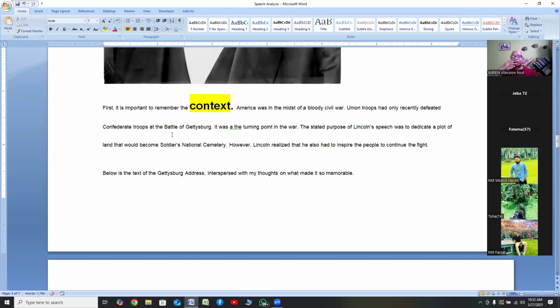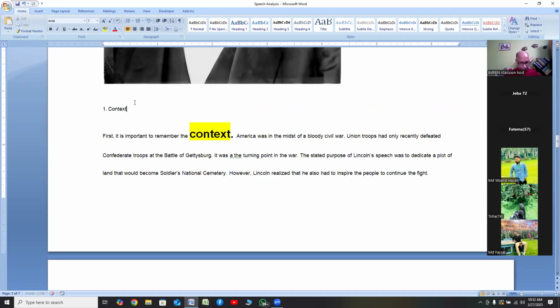However, Lincoln realized that he also had to inspire the people to continue the fight. This is not the fight for bloodshed. This is the fight for developing the country. So, first of all, you have to think of the context. Okay? So, while you are analyzing our text, at first you have to reflect on the context of that very speech. So, try to know the context.